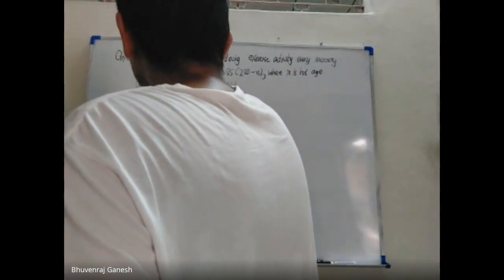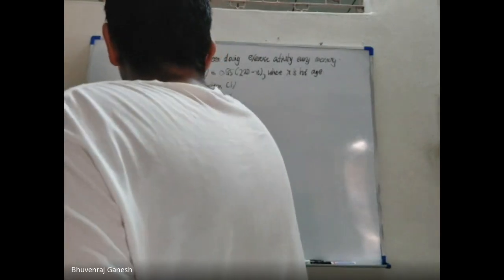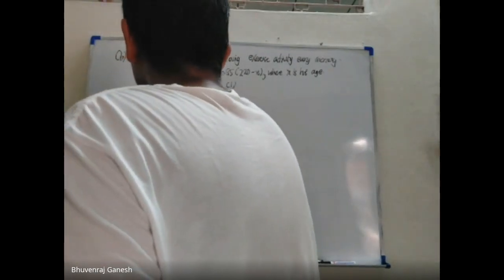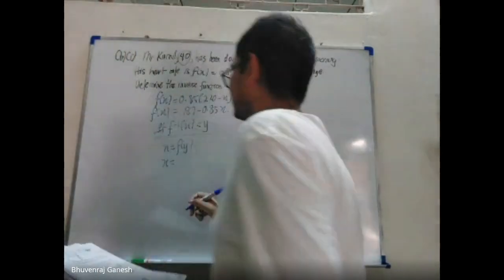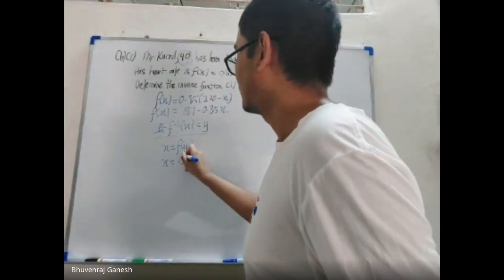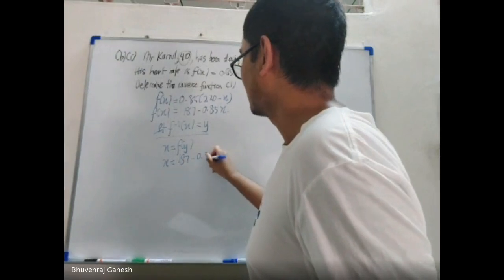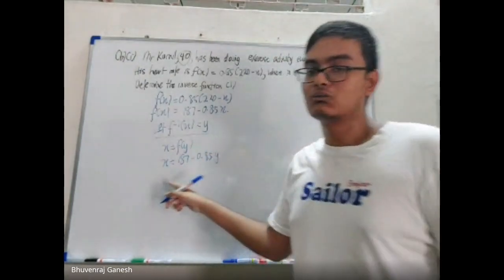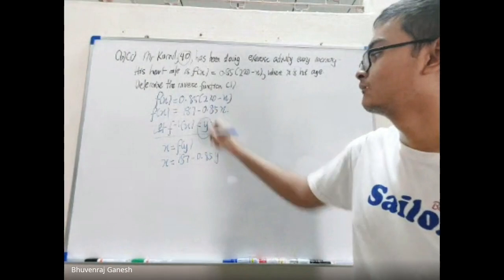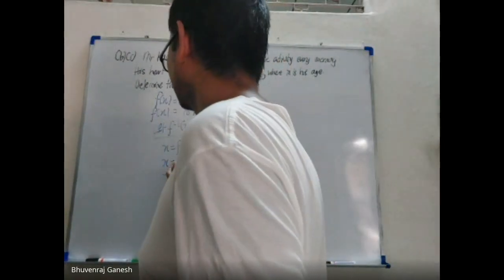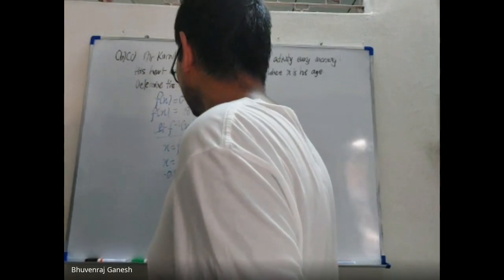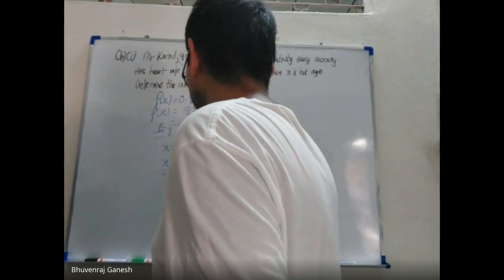Let f inverse x be y. So your x is f(y). And then you sub the normal function of x with y, you will get 187 minus 0.85y. So now you need to express y in terms of x because we want y. So you will get negative 0.85y is x minus 187.